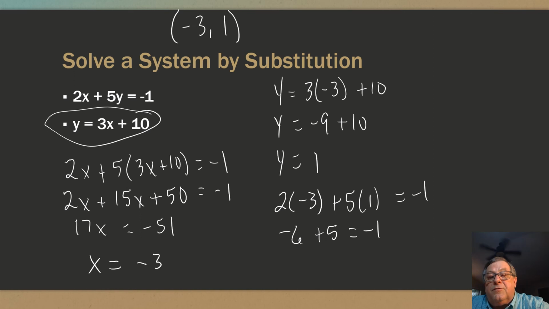And -6 plus 5 is -1. And -1 is, in fact, -1. And I could put that in to the second equation and solve it. But, hey, I've checked it. I feel pretty good about it. And the video is running a little bit long. So there we go. Solving systems of equations by substitution.